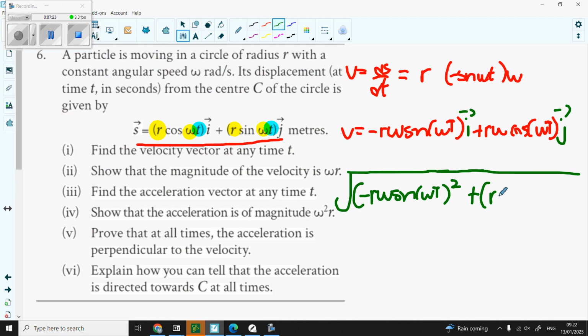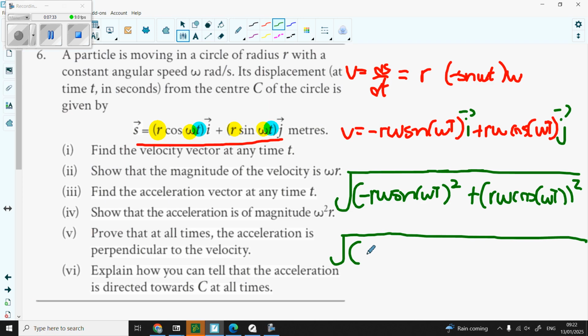Need to bracket that stuff. So what do we get out of that then?